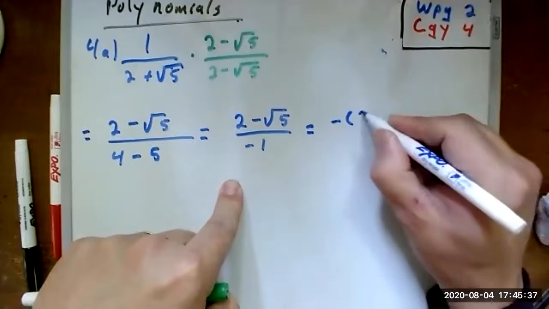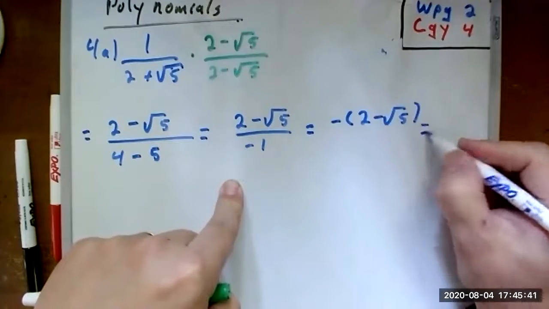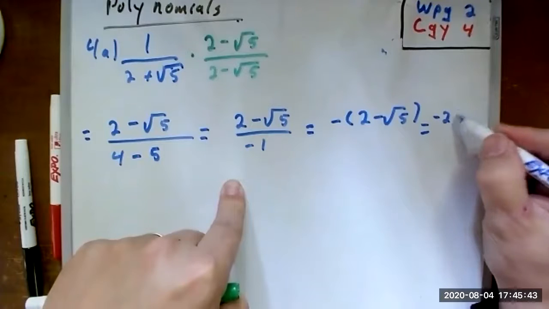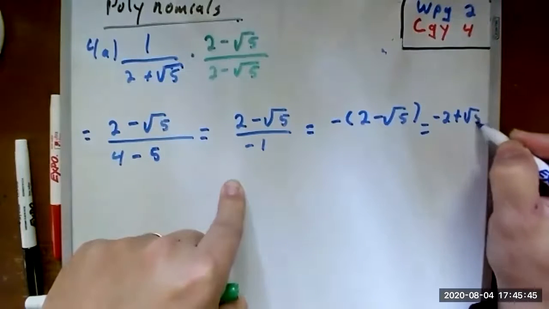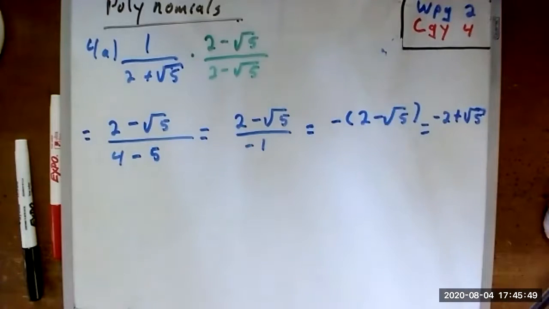I get a negative 1 on the bottom, which we can write like that, or we could simply write as the negative of 2 minus root 5, or you could write it as negative 2 plus root 5. Any of these 3 answers would be taken as correct.